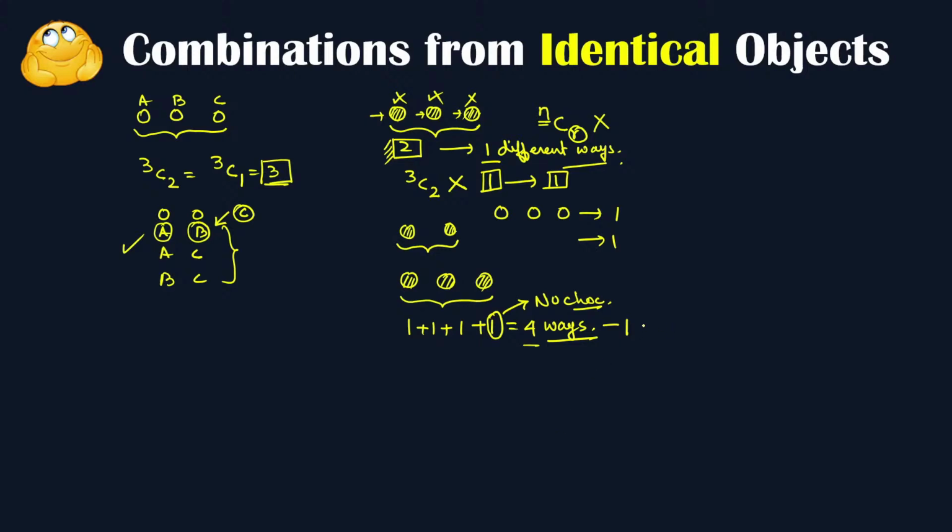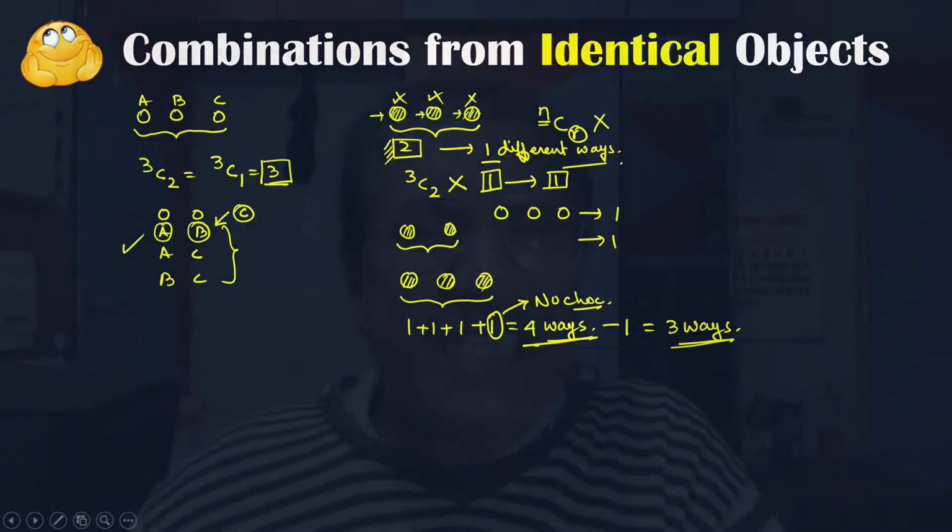So we will have 3 ways of giving chocolate to a person where at least 1 chocolate is given. If I ask you in how many different ways chocolates can be given, you will say there are 4 different ways. But if I say in how many different ways at least one chocolate is given, again, all are identical, they are not distinct. So you will say, sir, the total number of ways when at least one chocolate is given will be 3 different ways. That's it.